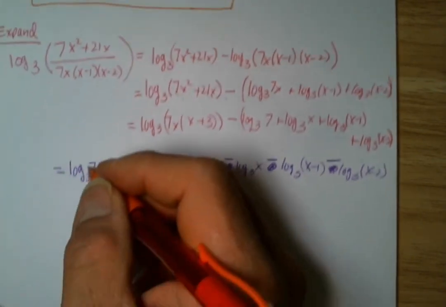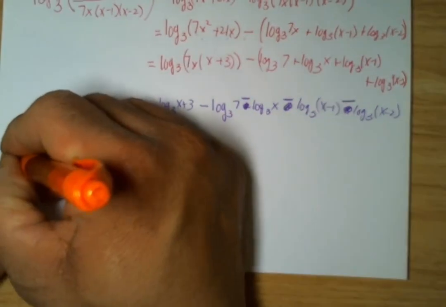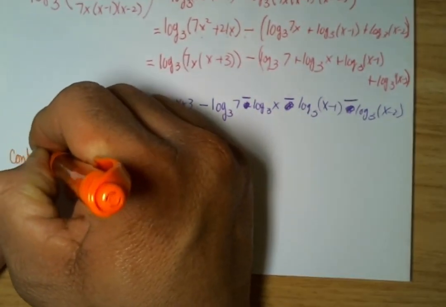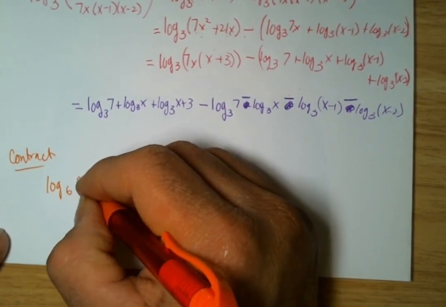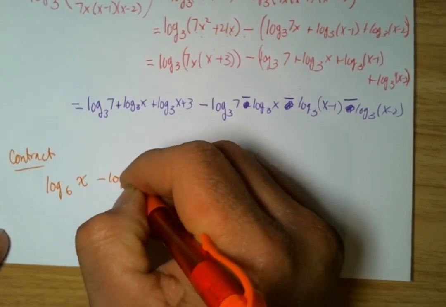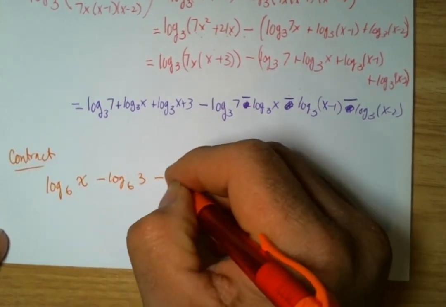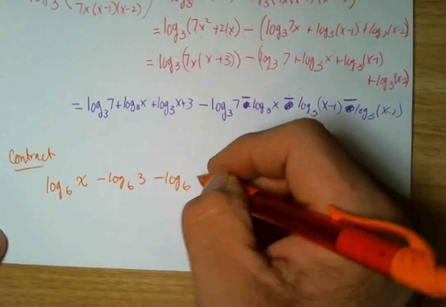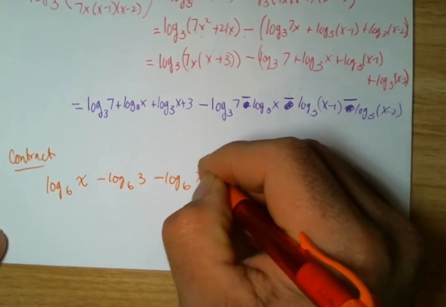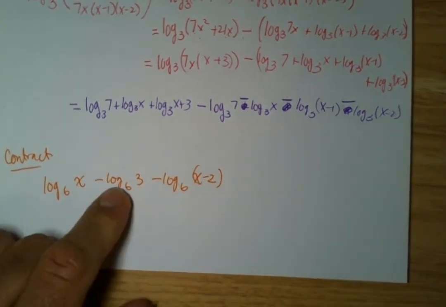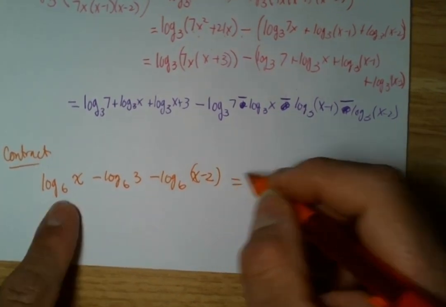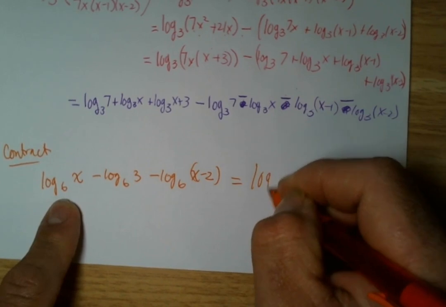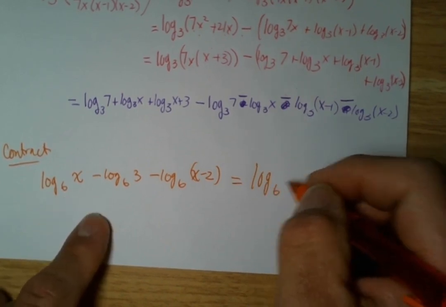If you want to contract, let's say you want to contract something like this, right? So anything that's positive all goes inside the log of base 6.